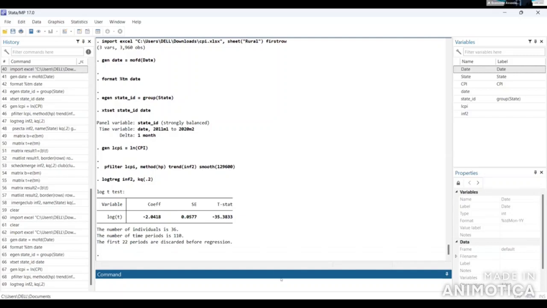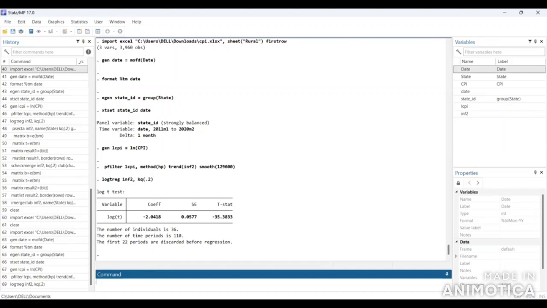Yes. Okay. Now, since we got the answer that there is no overall convergence, we move to the second part. If overall convergence is not possible, is there evidence of club convergence?